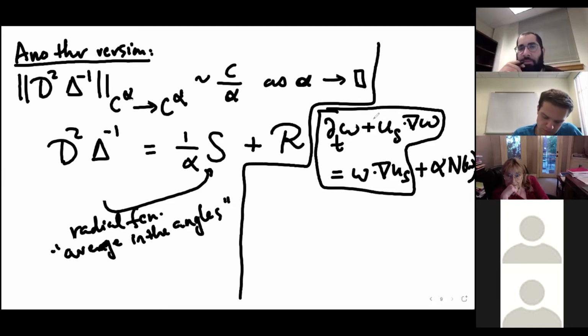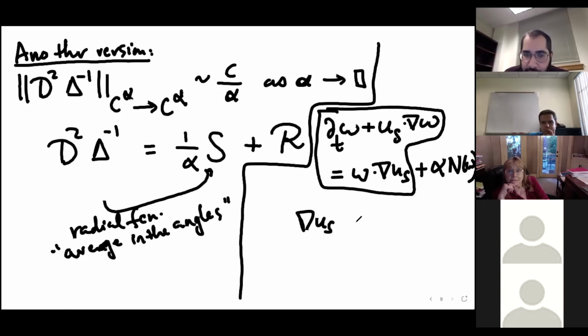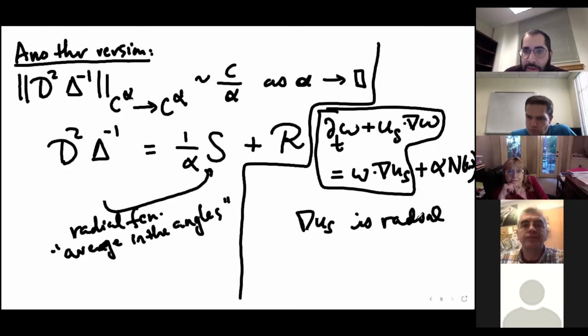By the way, it hasn't been fully analyzed yet in all cases. So very little is actually known about it. But at the very least, what you can say is the gradient of US is always radial, and it's some average, like I'm saying.